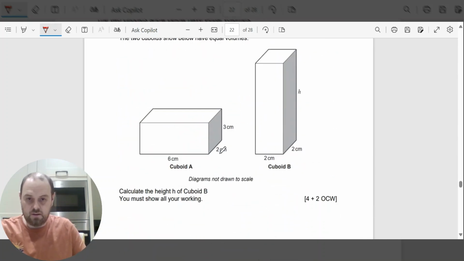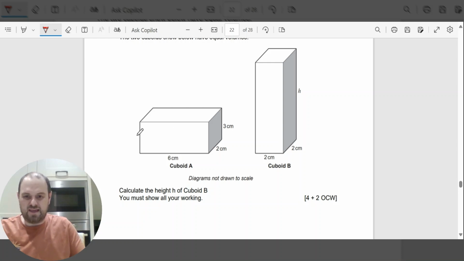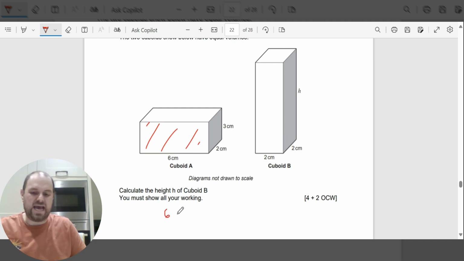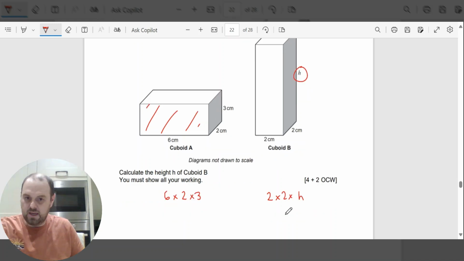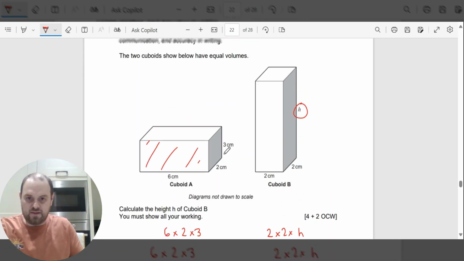Now with cuboids, the area of the rectangle would be the length times the width, right? So actually, for cuboids, you might want to just not bother doing area and then times depth. You might want to just times them all together. So A is 6 times 2 times 3, and B is 2 times 2 times H. You are told that they have the same volume.